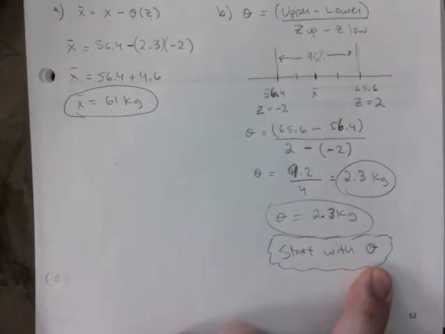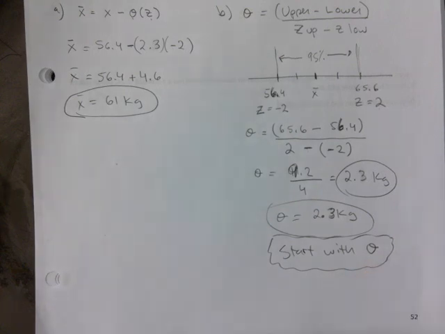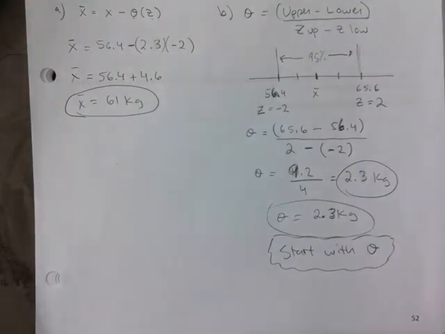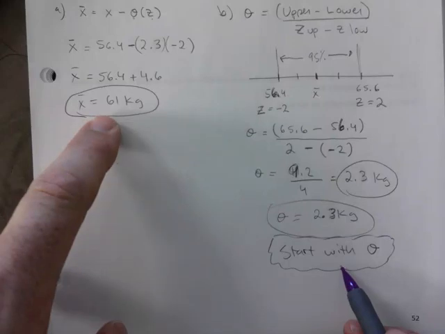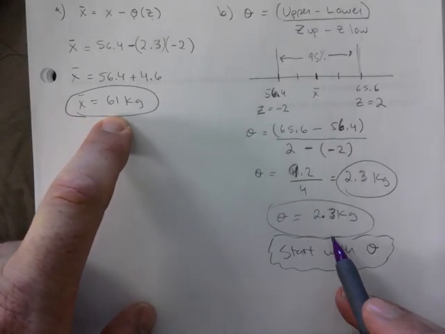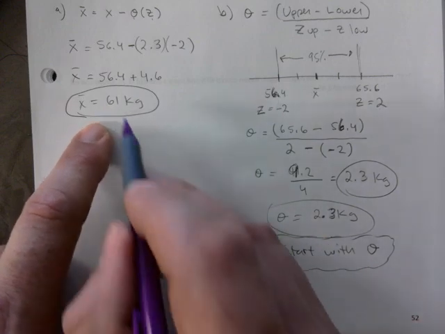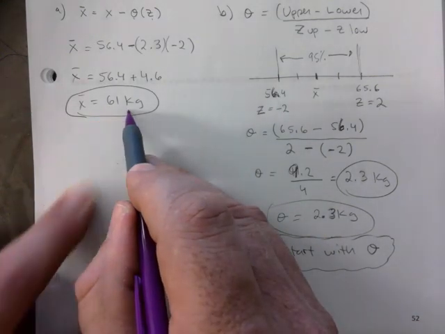Okay. I'm going to leave that there for now. I'm not going to do C and on, just these two right here are the ones I want you to focus on. How do you find your standard deviation and how do you find your mean?